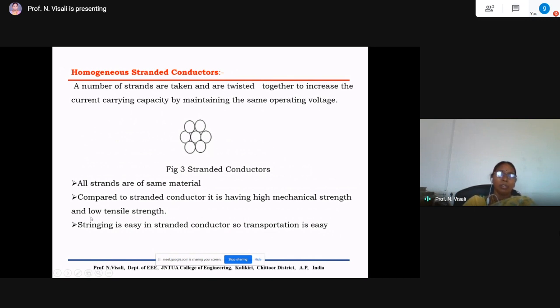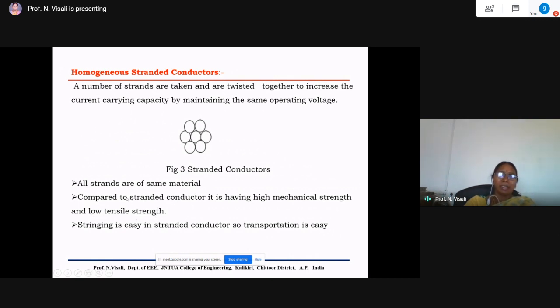These homogeneous stranded conductors have the same material, either copper or aluminium.